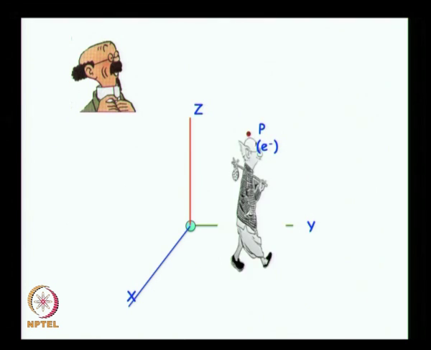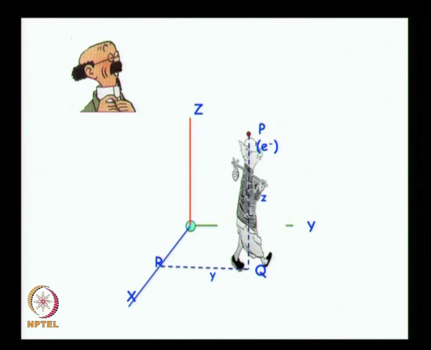In order to specify the position of the electron, you can imagine instead that you are thinking of the head of a person, that is the point that you want to specify in space. How will you do that? Instead of the picture of the person, I am going to replace it with a line. The height of the person, I will say, is my z coordinate.